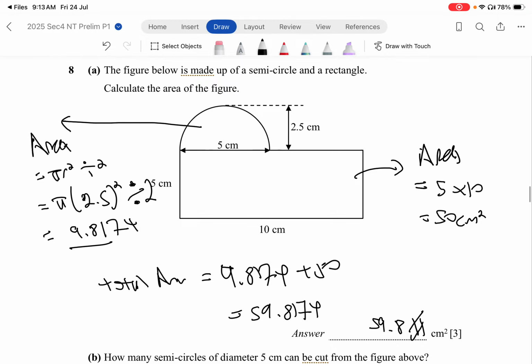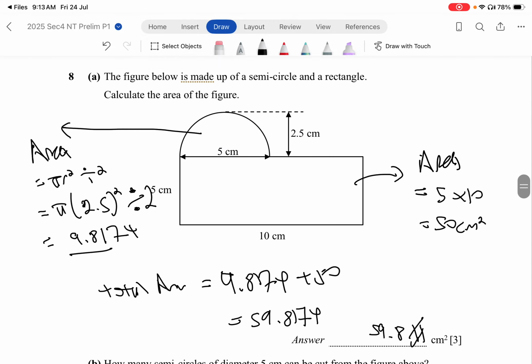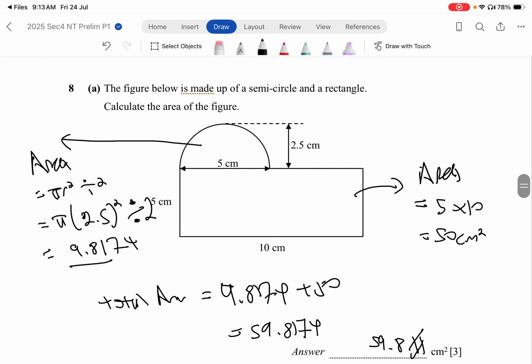Okay, for this. Then how many semicircles of diameter 5 can be cut from the figure above? So this one is interesting. You see, this height, this length here is 2.5. So this is 2.5. This is also 2.5. So there's a 5 cm here and another 5 cm here.